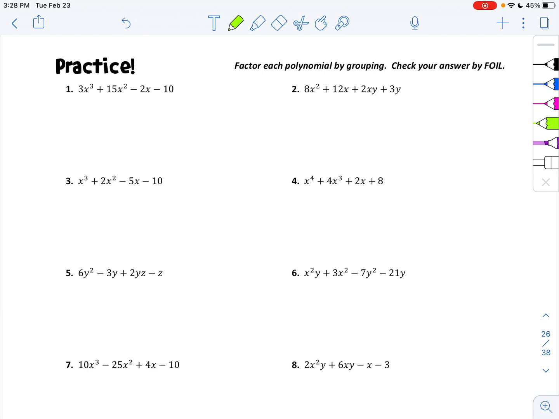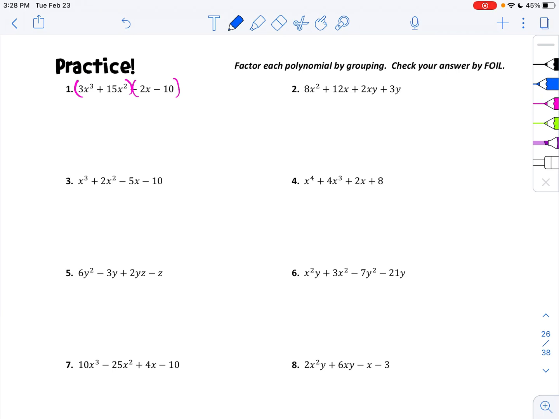Number 1, I see that I have a binomial with 4 terms, and there's no GCF, so I'm going to factor by grouping. I'm going to group together my first 2 terms and then my last 2 terms, and then pull out the GCF of each term.